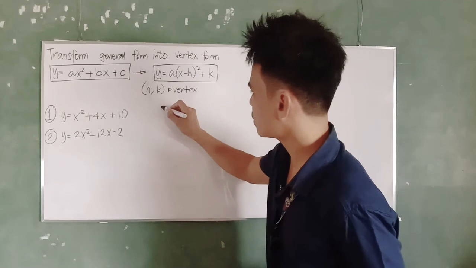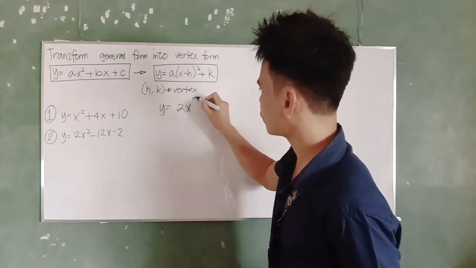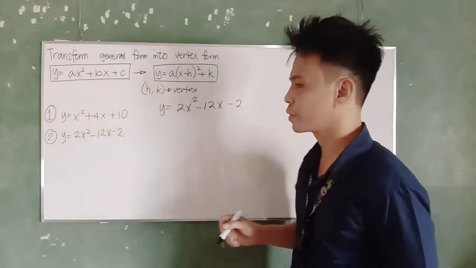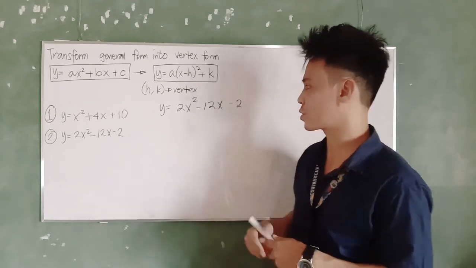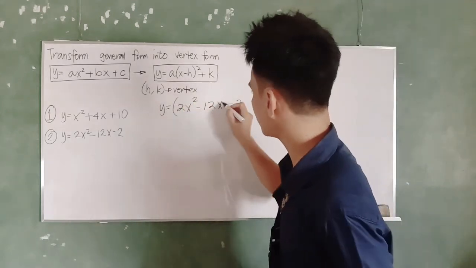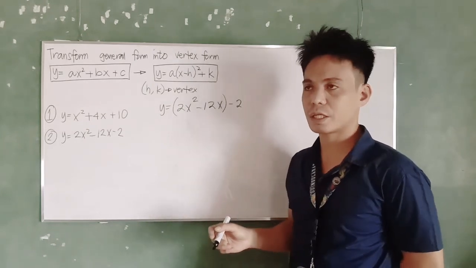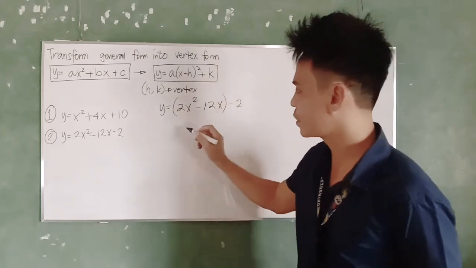So this is y is equal to 2x squared minus 12x minus 2. So unang-unang gagawin guys is to regroup your variable x. So therefore, nag-group na natin yung variable x natin. So then what is the next thing to do is to make it a perfect square trinomial. Okay?